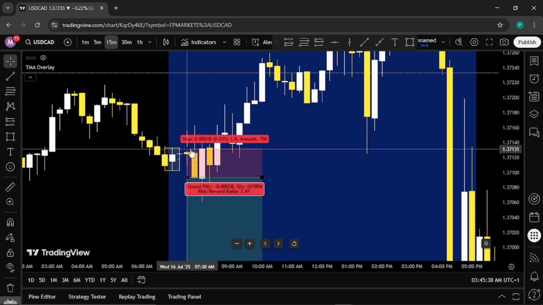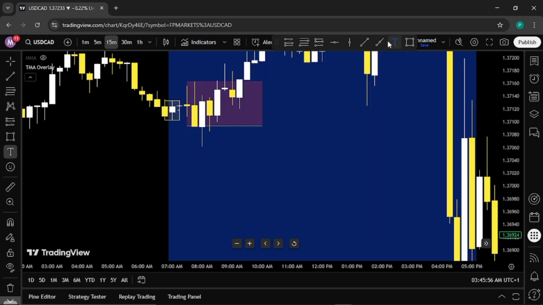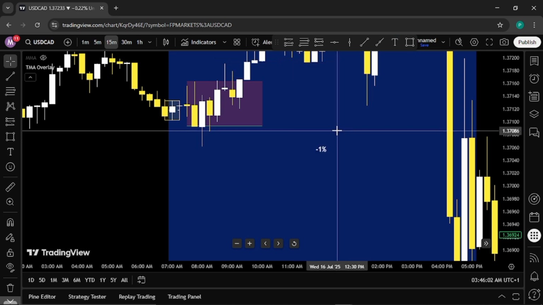So this is the candle that has the highest price level before the confirmation breakout. Now, in this case, you would have lost this trade. So we are looking at what here? Minus 1% of account size. Right? So it's a losing trade.